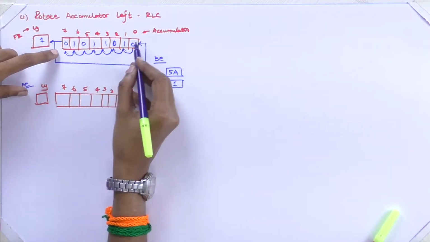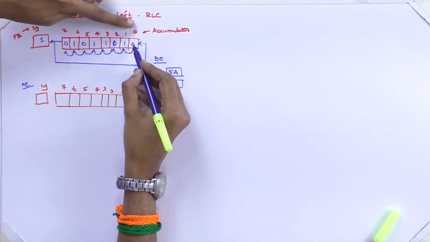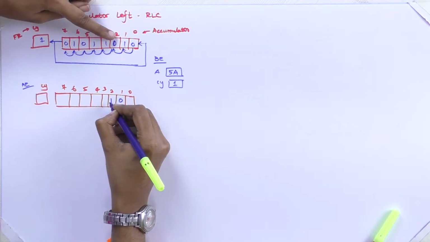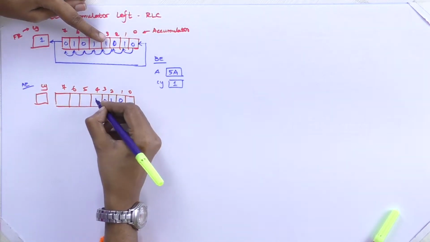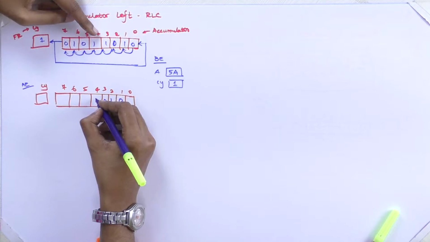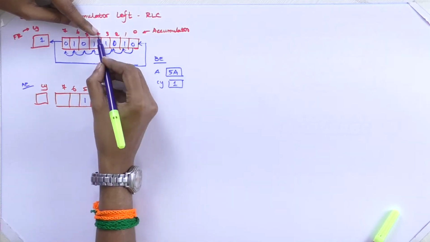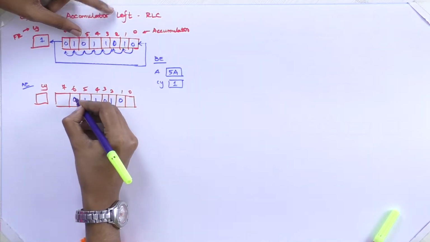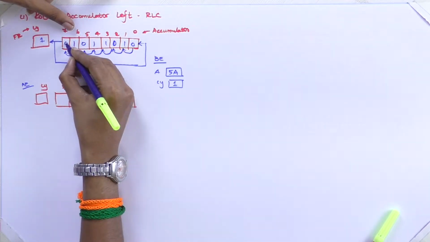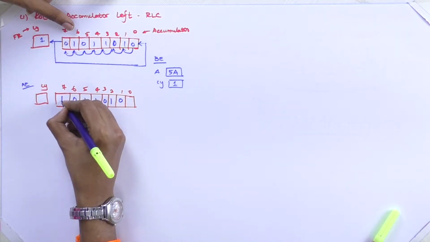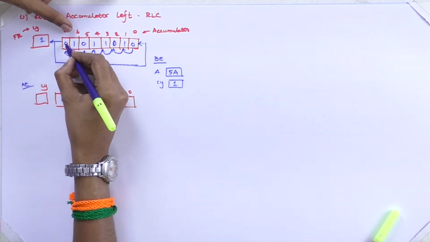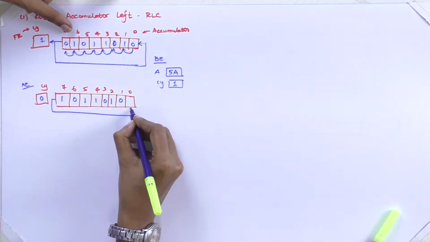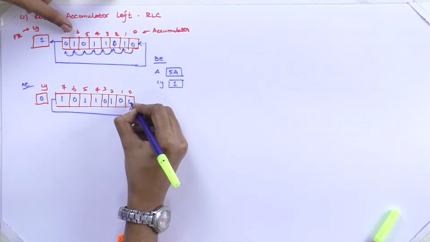What will happen now? Towards left, in the sense the value in bit number 0 is transferred to 1, 1 to 2, 2 to 3, 3 to 4, 4 to 5. The 4th bit value is 1, that is shifted to 5, and the 5th bit value is 0, that is shifted to 6, and the 6th bit value is 1, that is shifted to 7, and the 7th bit value is 0, that is shifted to carry as well as to the 0th bit.